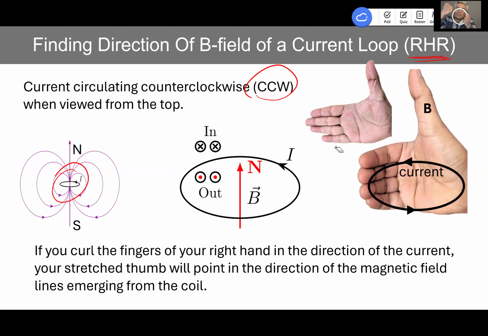For example, if the current is going like this, I can curl my fingers in the direction of current, and then the thumb is pointing towards me, okay? And if the current was going all the way around, I cannot curl my fingers backward, right? So the palm goes towards the current, okay? Palm goes towards the current, so that's how we can curl it. So this one gives the magnetic field, okay?